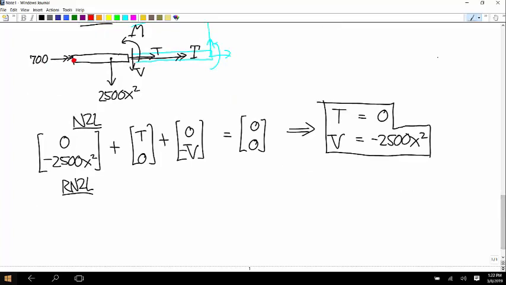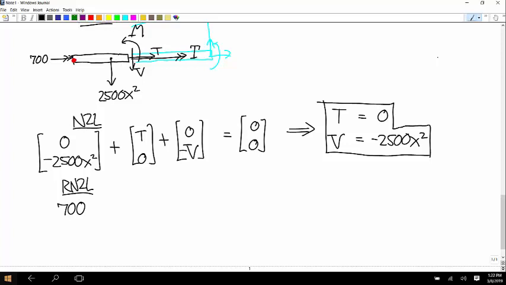So now we're only dealing with couples with an axis of rotation of x. Is that 700 going to produce a moment about x? Yes. And that arrow is in the positive x direction, so this is positive 700. 2,500x squared?